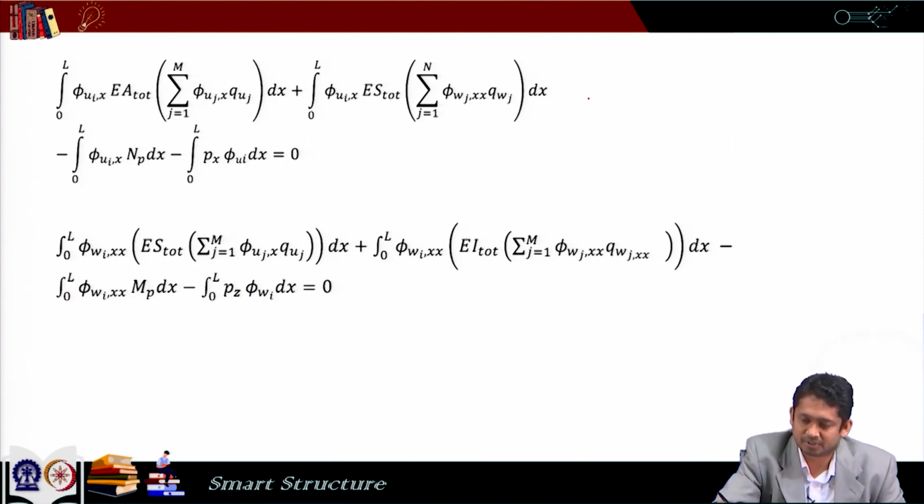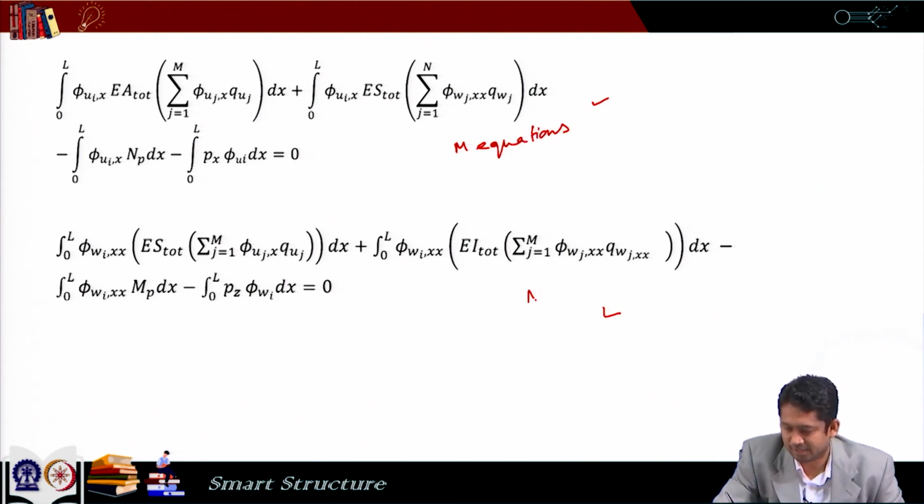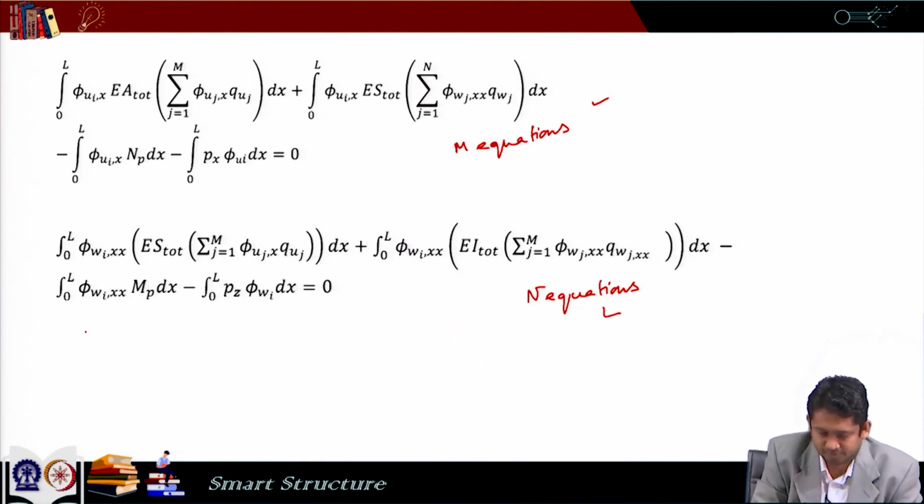Finally, we have this equation and this equation. So, here I have m equations and here I have n equations. These equations, m plus n equations, can be written in a compact way as this.